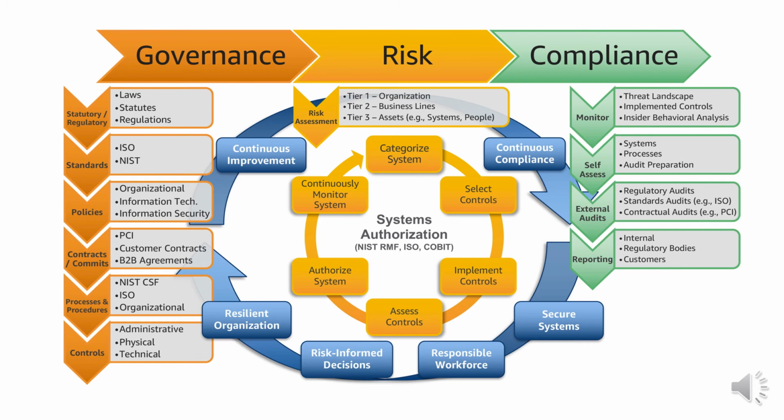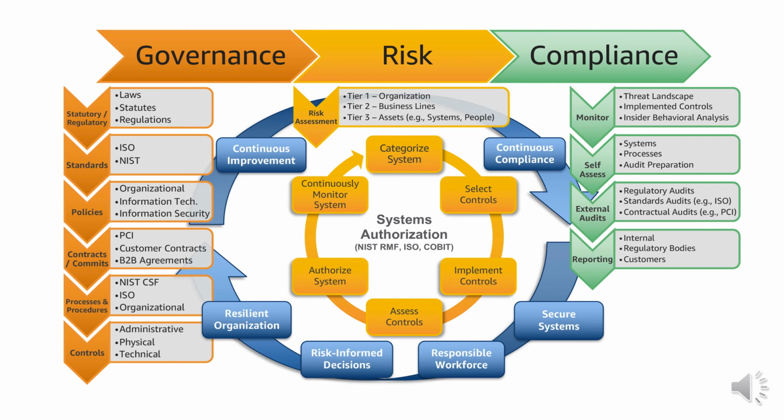AWS has organizational policy, information technology policy, and information security policy. The contracts and commitments, PCI, customer contracts and B2B agreements, all three relate to the contracts. Process and procedures: NIST, CSF, ISO and organizational, they do have standards and they do have procedures and processes defined. So this is what AWS follows.